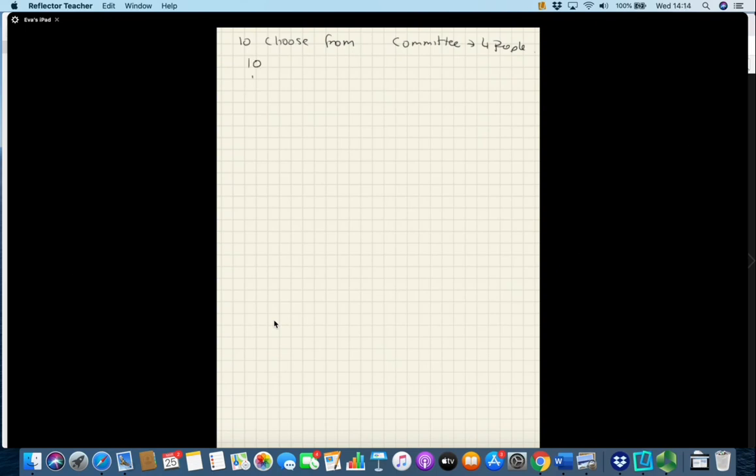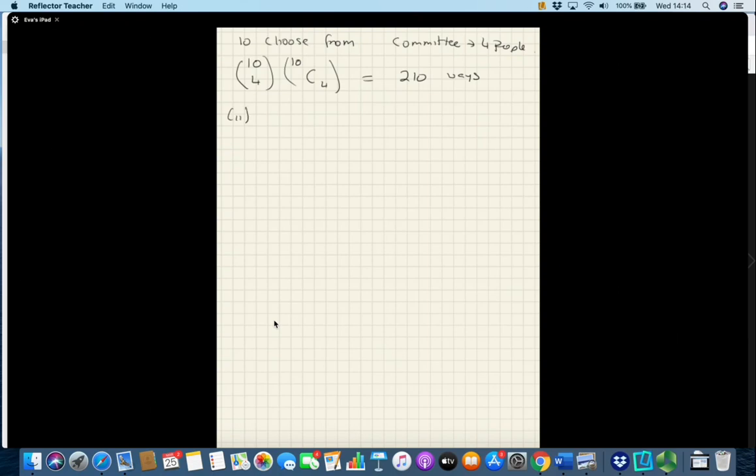Well, the first one was 10 choose 4, so on your calculator it's 10 C 4, which is 210 ways. Just check that. It's 210 ways that you can choose a committee of 4 people from a group of 10.